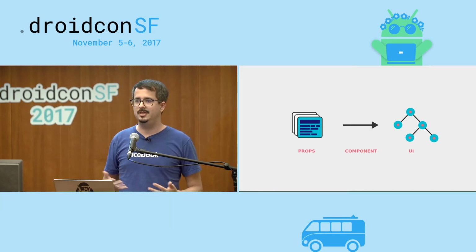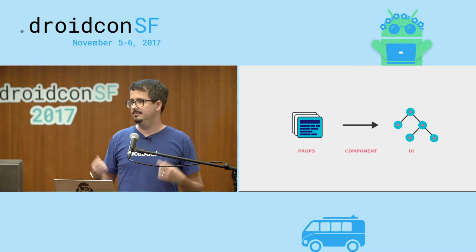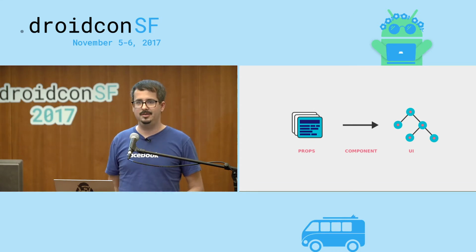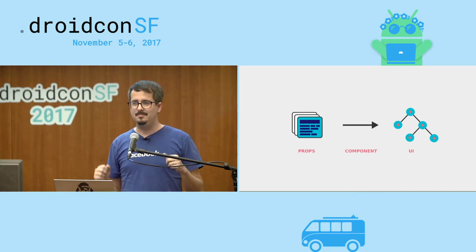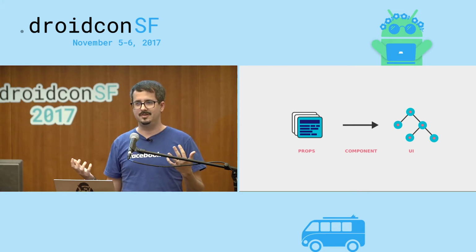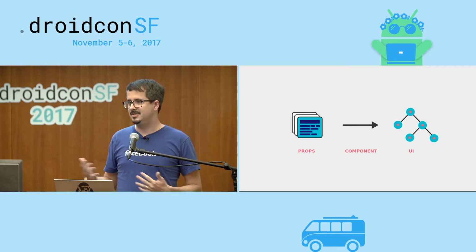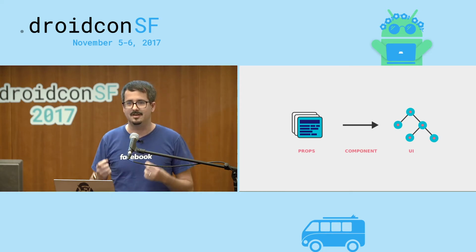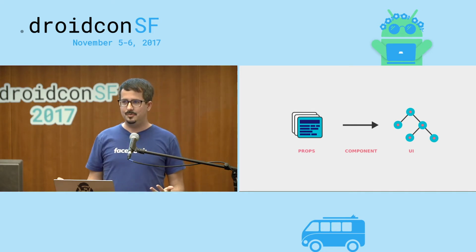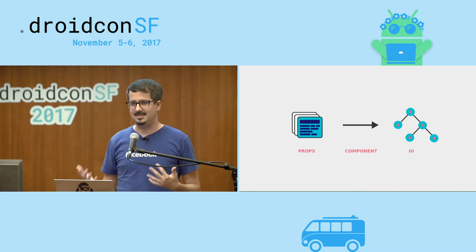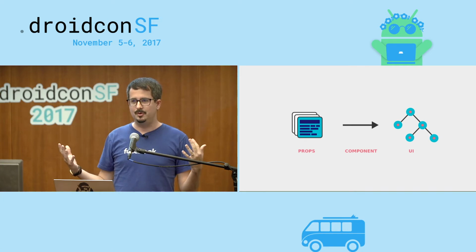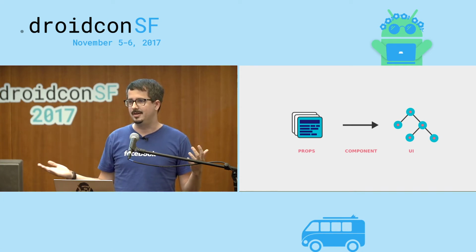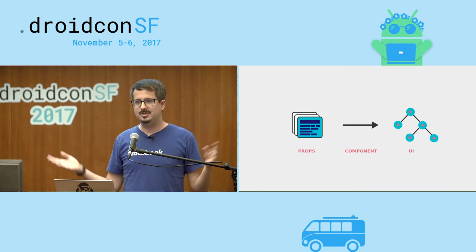So instead of mutating a tree over and over, every time you need to build a UI, you just get inputs and generate the UI from scratch. And it may sound kind of unintuitive that you're creating the UI every time from scratch. It sounds very inefficient. And that's the fun of implementing these kinds of frameworks, because the idea with the declarative part is that as a user, you don't care about what the state of the UI is at any given point. You're always creating it from scratch.